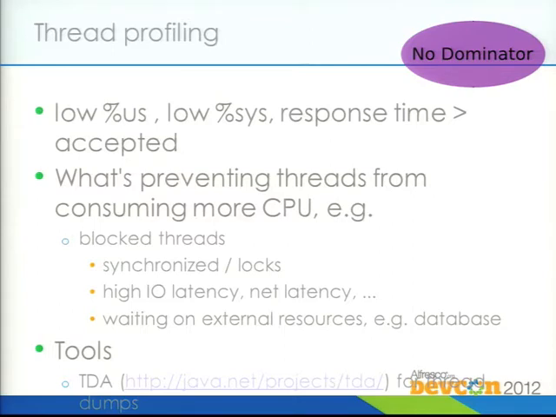So what you want to find out is what's preventing your threads from consuming more CPU. For example, you have blocked threads, synchronized threads, locks, high I/O, high network latency, or waiting on external resources such as the database. The tool I'm going to use for that is TDA.